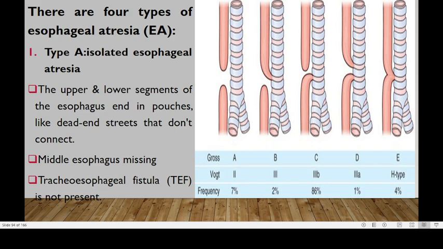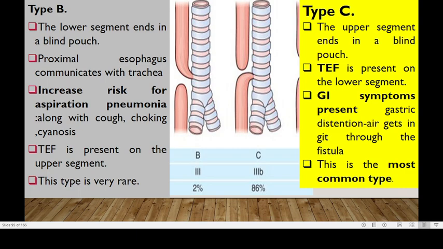The upper and lower segments of the esophagus end in pouches like dead-end streets that don't connect, and the middle part of the esophagus will be missing. In type A, there is no tracheoesophageal fistula. In type B, a tracheoesophageal fistula will be present in the upper segment.